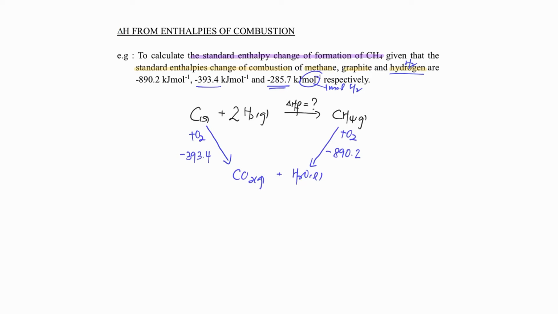Since the reaction here involves 2 moles of H2 gas, it will give us 2 moles of H2O formed. The arrow is pointing from H2 gas to H2O with excess oxygen, and the enthalpy change involved here is negative 285.7 times 2.